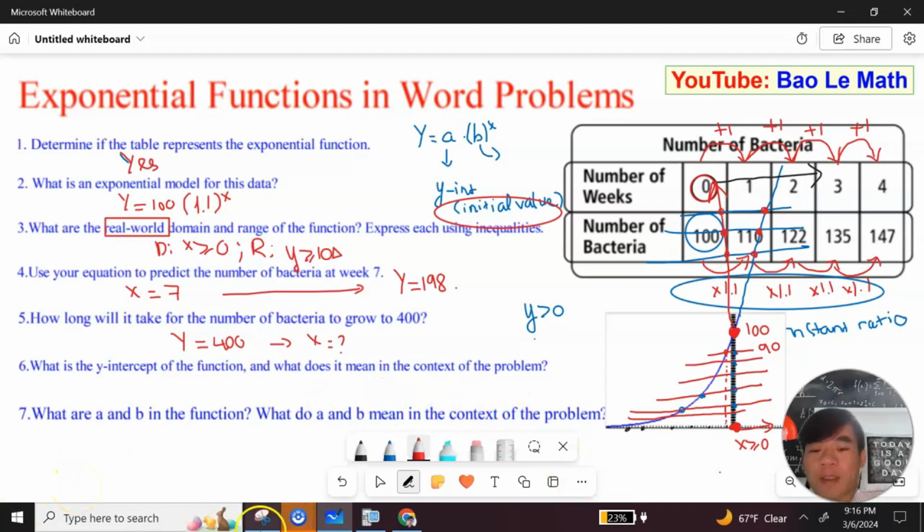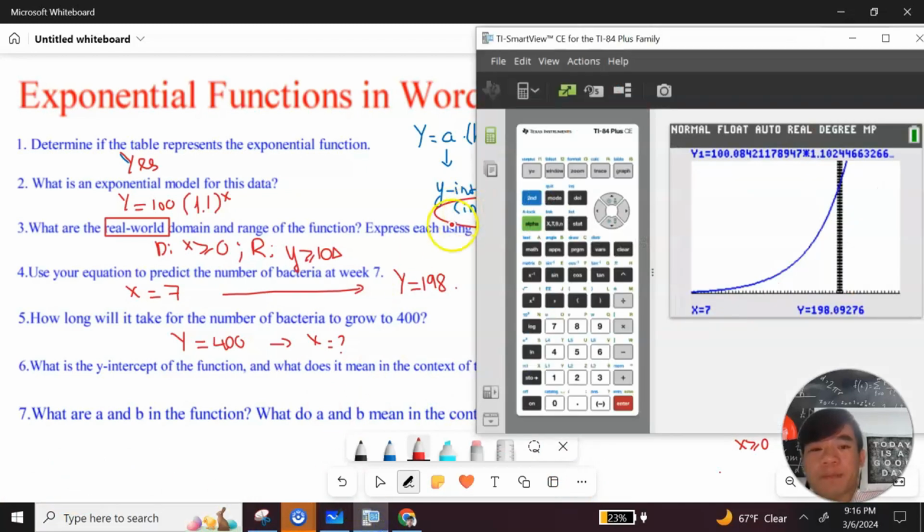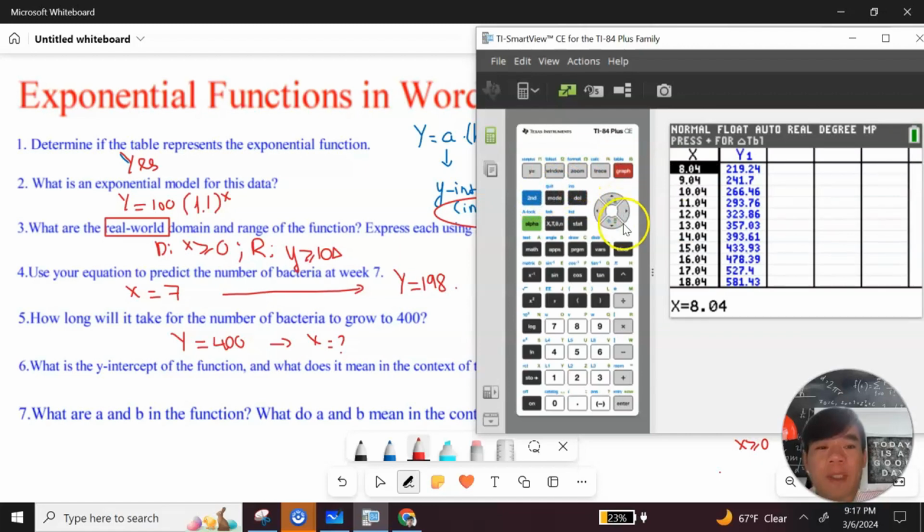The first way, you're going to hit second, graph, right here. You go to the y value right here. You scroll down until you see 400. Now you see that this is 393, and this is 433.